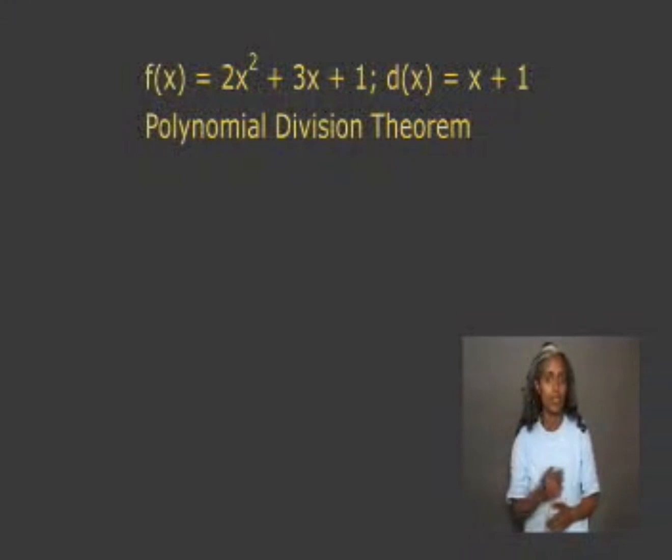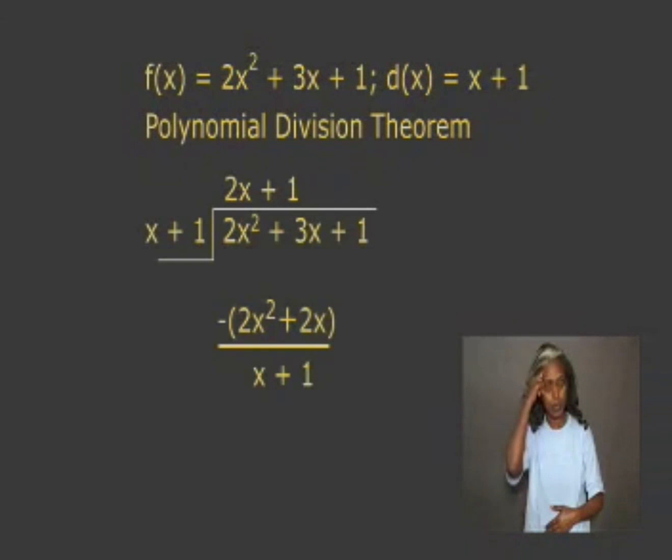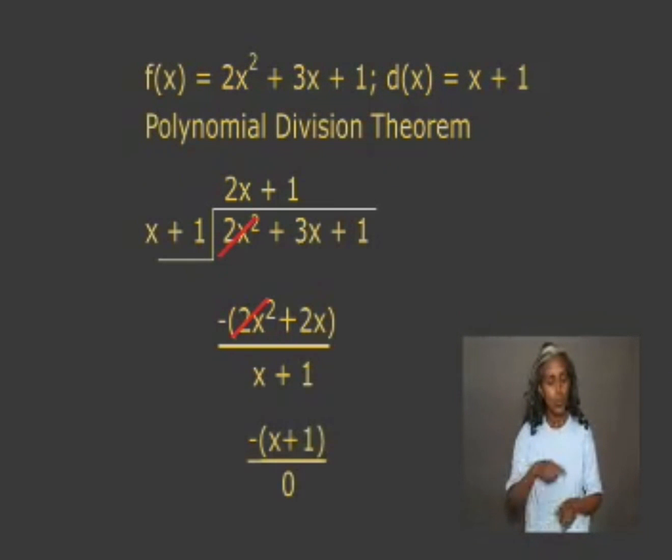Using the polynomial division theorem, we find the value of q of x to be 2x plus 1. We also find r of x to be 0, as the remainder is 0.